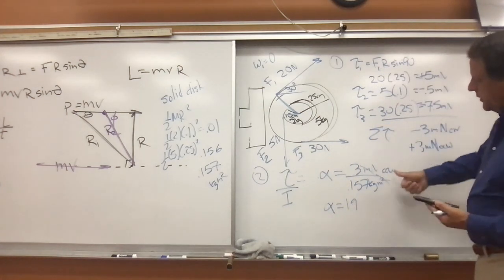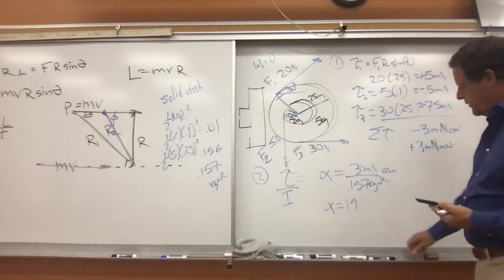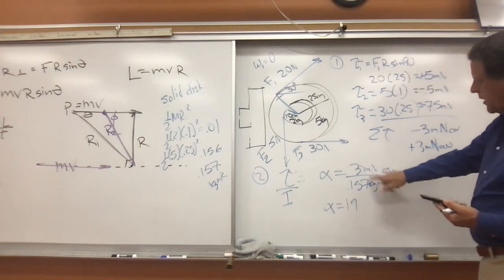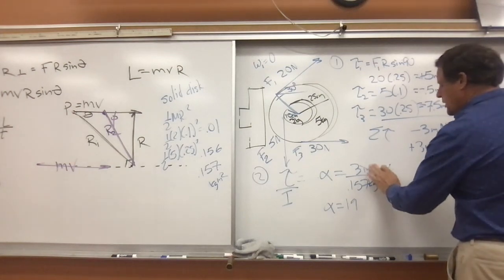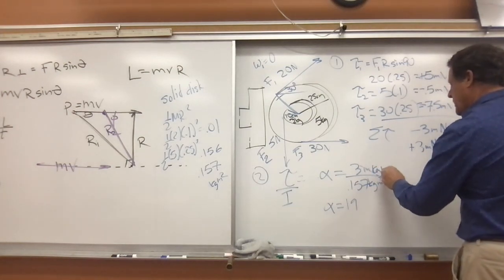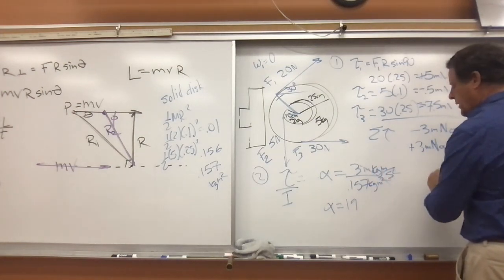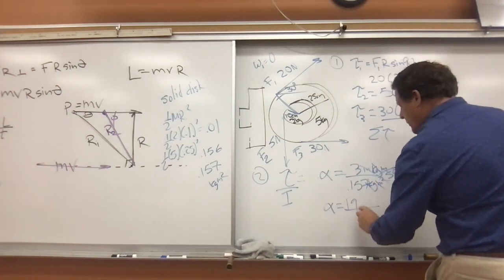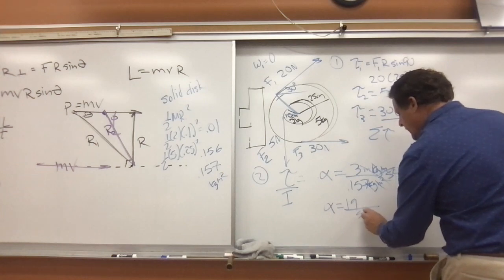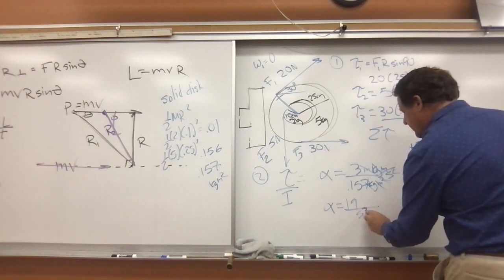Now, you guys, if we look at the units here, one of our meters canceled out. So remember, a Newton is a kilogram meter per second squared. So the other meter cancels out with the kilogram meter squared, and we're left with 19 per second squared.